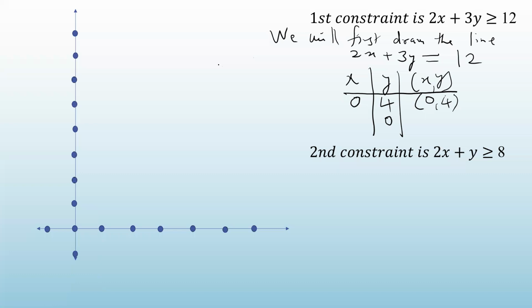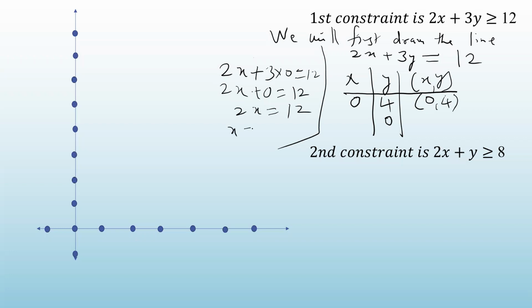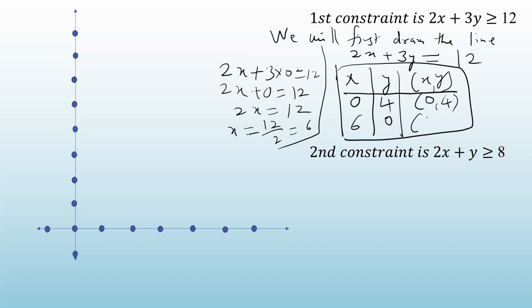So in this equation, put y equal to 0: 2x plus 3 into 0 equal to 12. 3 into 0 is 0, so 2x is equal to 12. So the value of x is 12 upon 2, which is 6. So the point I get is 6 and 0. When I put x equal to 0, I get y equal to 4, and when I put y equal to 0, I get x equal to 6. So I got 2 points, 0, 4 and 6, 0.